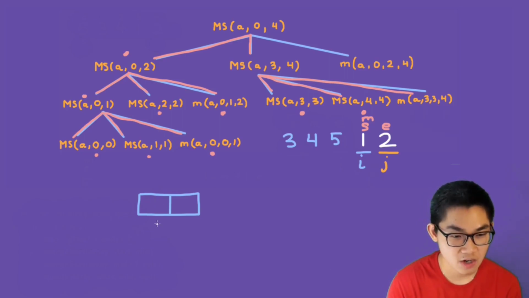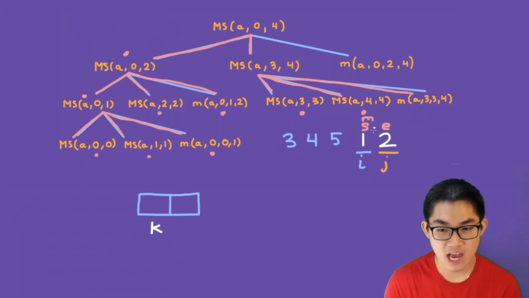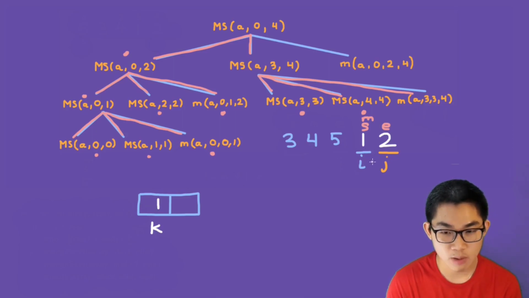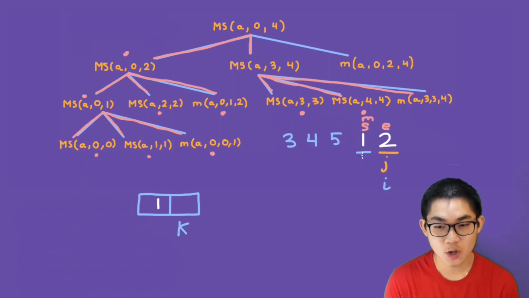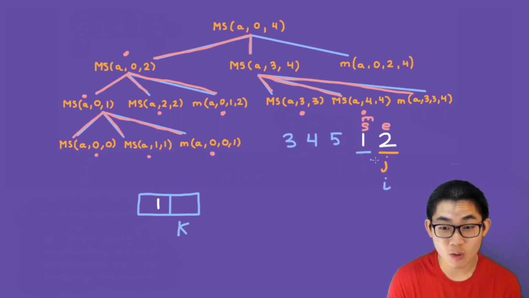We put k onto the temporary array, and now which number is smaller? Well, I has the smaller number, so we put 1 here. Then we move I up. We also move k up. So I moved out of the boundary, so whatever j has left will go into the temporary array. So j has 2, so we put 2 into our temporary array.